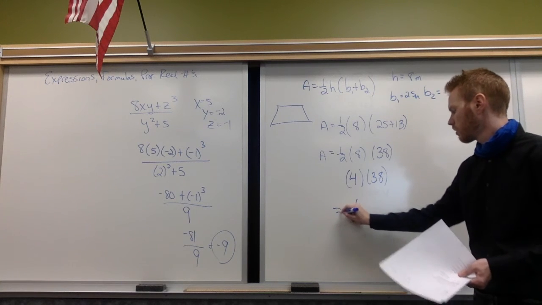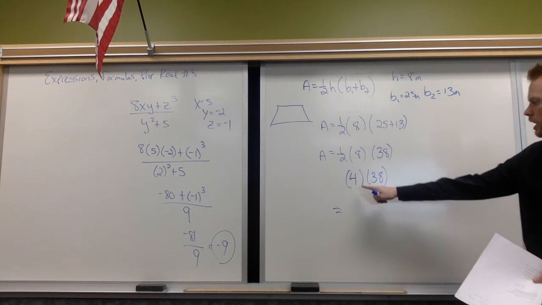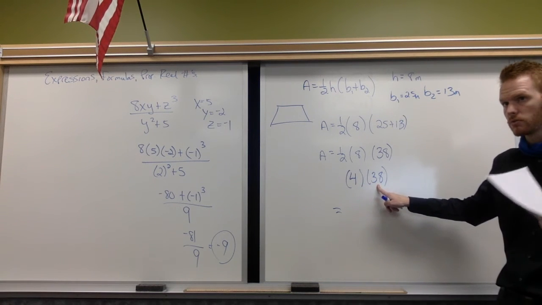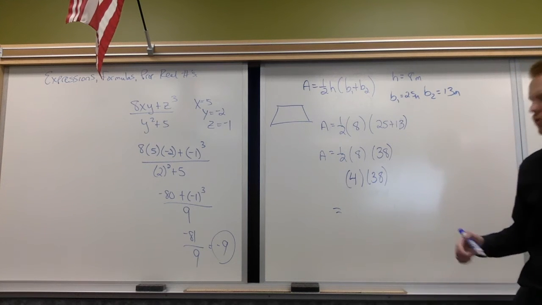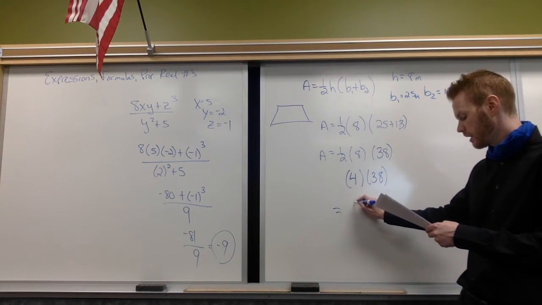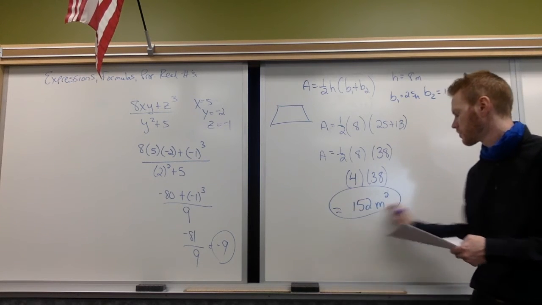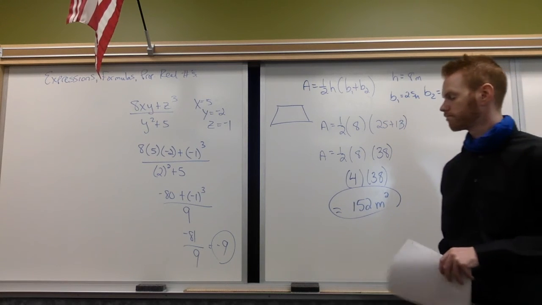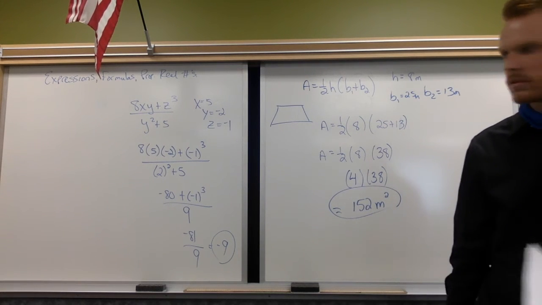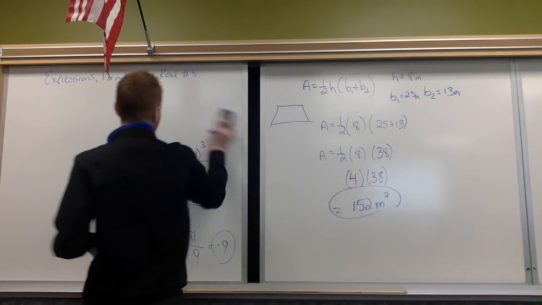So our final answer, when we multiply those together, well, let's see. 4 times 30 is 120. Then 4 times the 8 is 32. So I believe that would be 152. And don't forget the units, square meters. So that's the area of this trapezoid. Not too bad, right? We have one more problem to wrap this up.